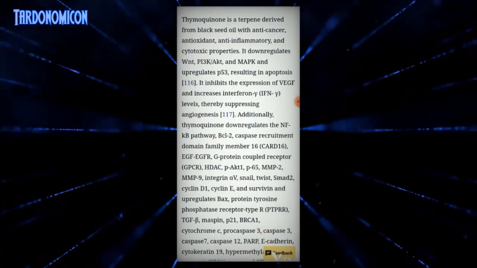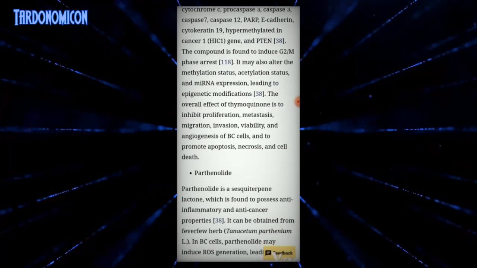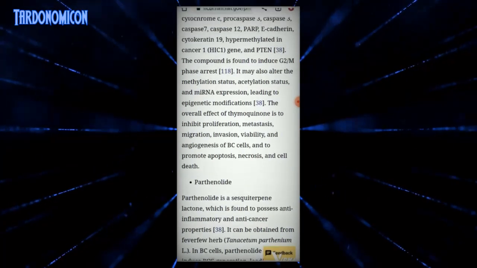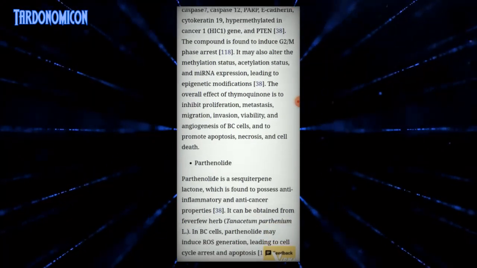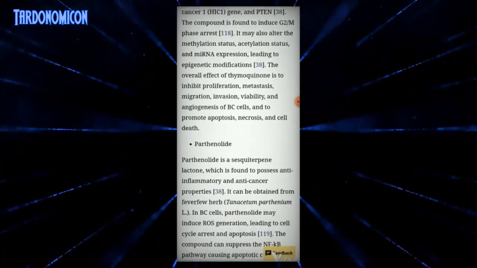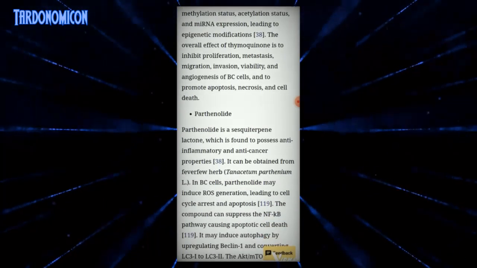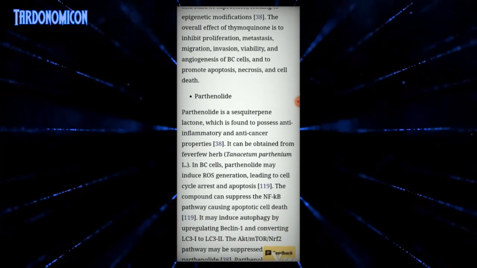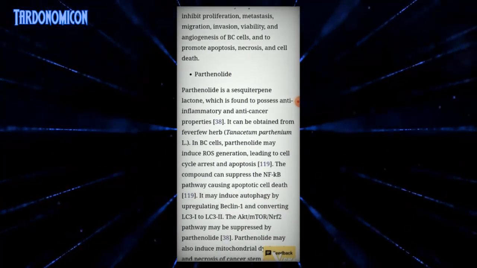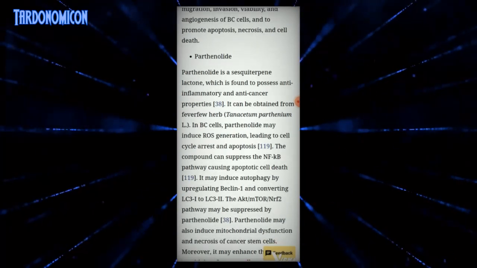It downregulates these genes. Overall, it inhibits proliferation, metastases, migration, invasion, viability, and it promotes apoptosis, necrosis, and cell death.